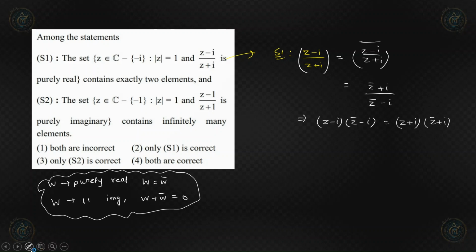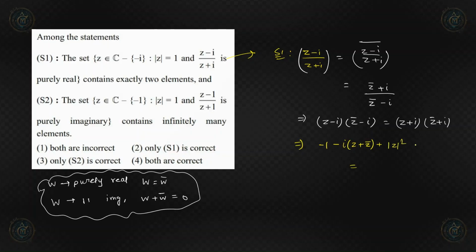Okay, so from here we can easily simplify this. This will become iota square is minus 1, that means minus 1, plus this will be minus iota times (z plus z bar), then it will be plus z z bar, which is mod z square.